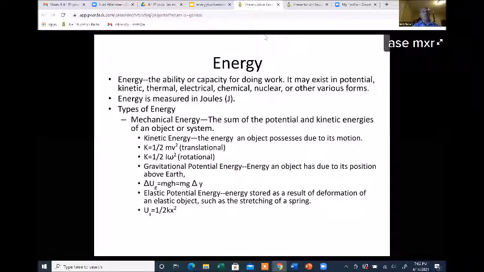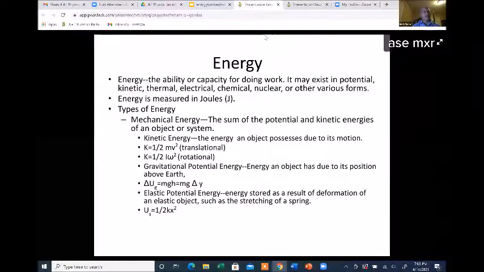There's also rotational kinetic energy, and that's equal to 1/2 times the moment of inertia, I, times the angular velocity, omega, measured in radians per second, squared. Notice those two formulas are very similar because really inertia and mass measure the same thing. Then you've got linear velocity v, and angular velocity with that omega.